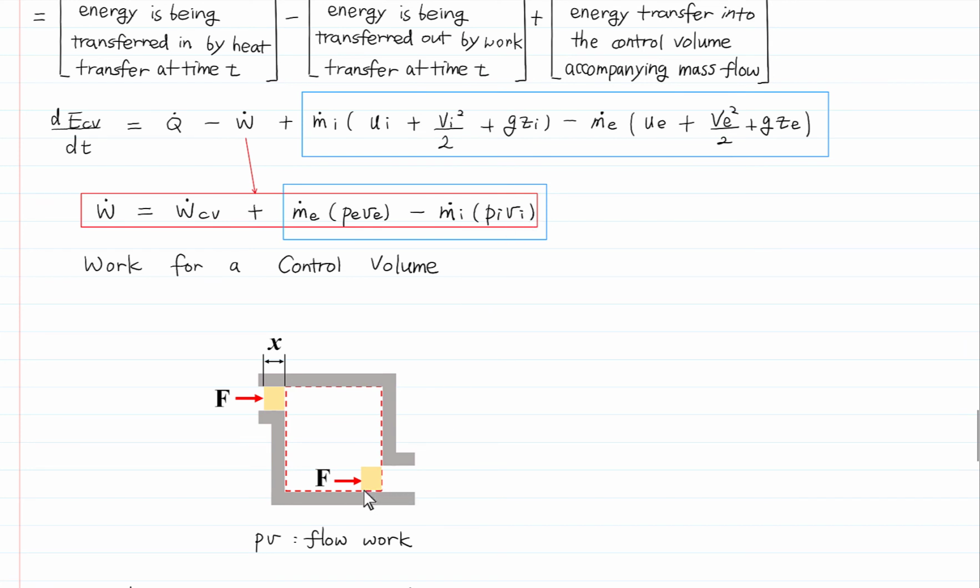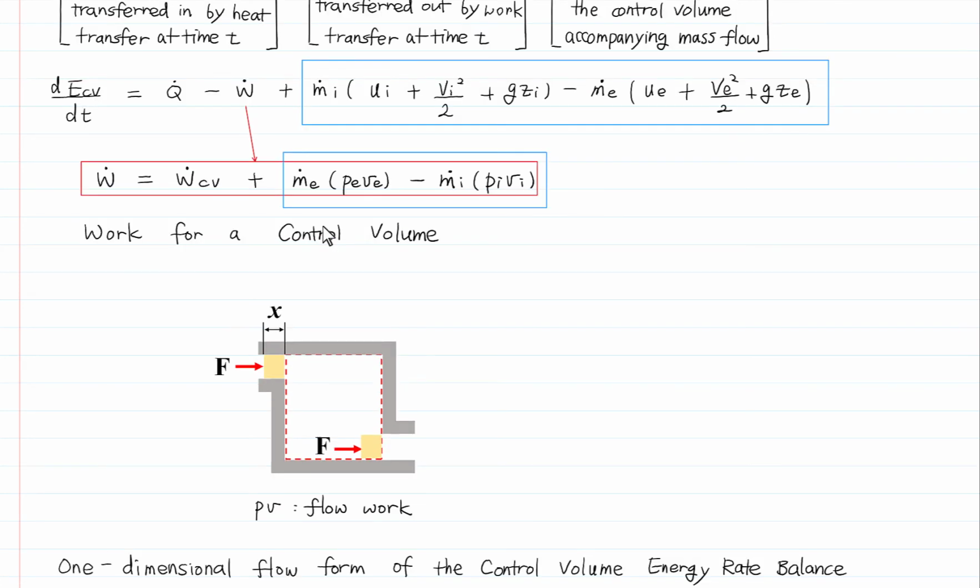In the same way, when the fluid is going out of the system, it is pushed out by the fluid behind it. This kind of work is also called flow work, and corresponds to m dot e times Pe times ve. The flow work is expressed as pressure times specific volume.